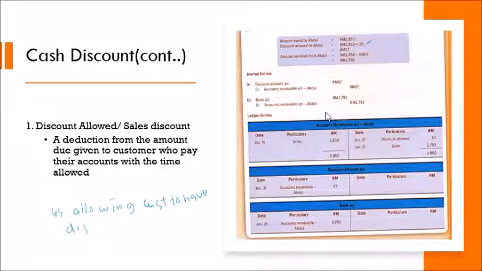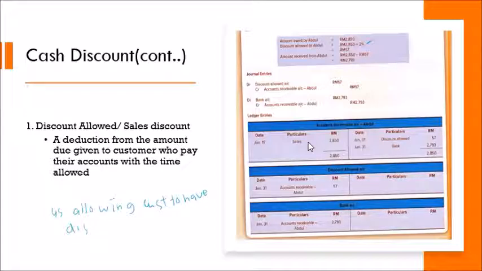So if you wonder where this Jan 19 transaction is, this is the first transaction, the sales transaction. It has to have a sales transaction before a discount is allowed. If there is no sales transaction, how could a discount be allowed? Because the customer has to buy something from us to have the discount.